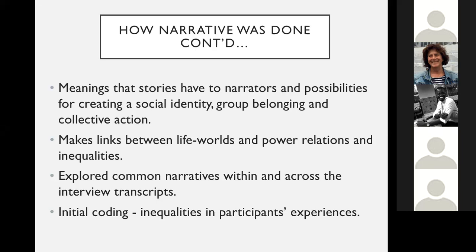But if you look at the power relations that are induced as a result of certain expressions or certain visual representations, then you can make linkages between the lived experiences of these participants and also issues of power balancing. And this power balancing is not just between you as a researcher, but also the environment in which they find themselves.